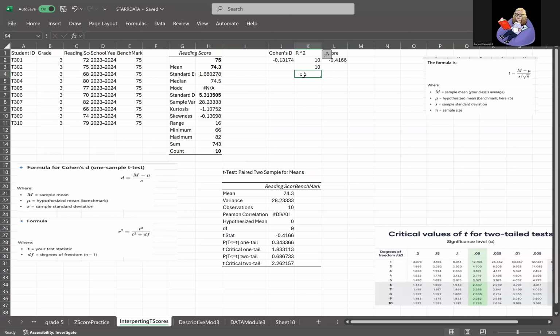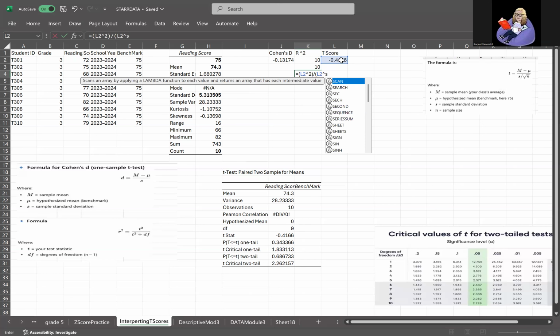Well, we're going to try this one more time. Equals my t-score squared, close in that parentheses, divided by, and I'm going to add parentheses this time, my t-score squared again, close it in, plus 9.